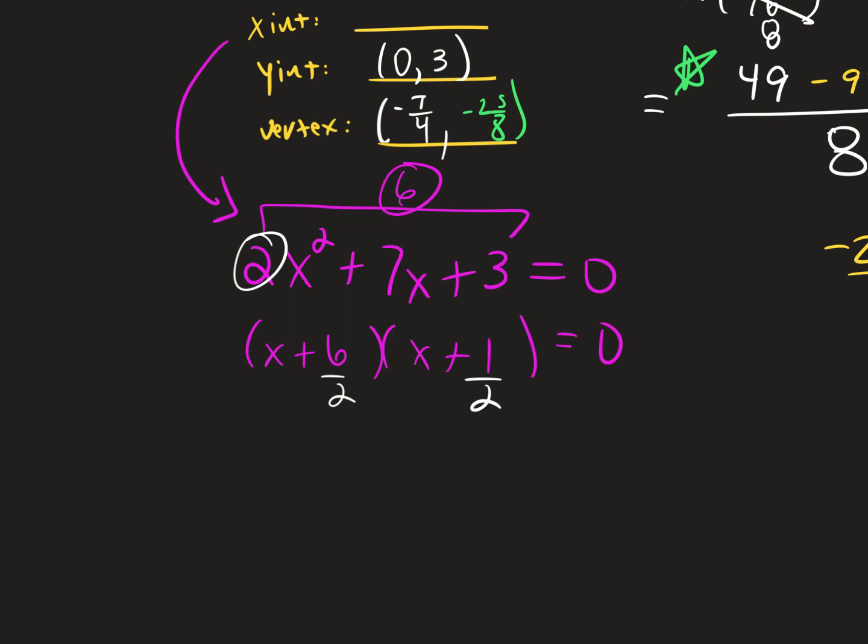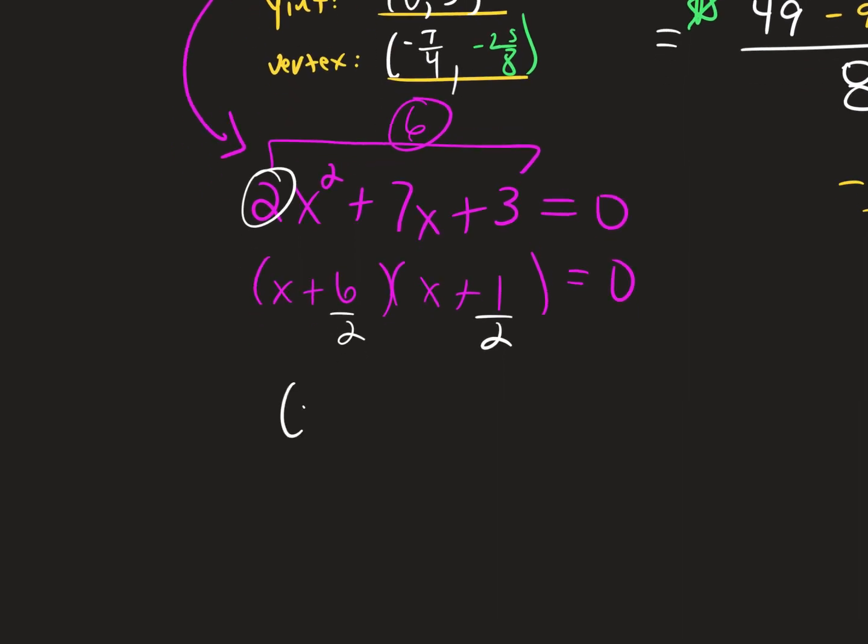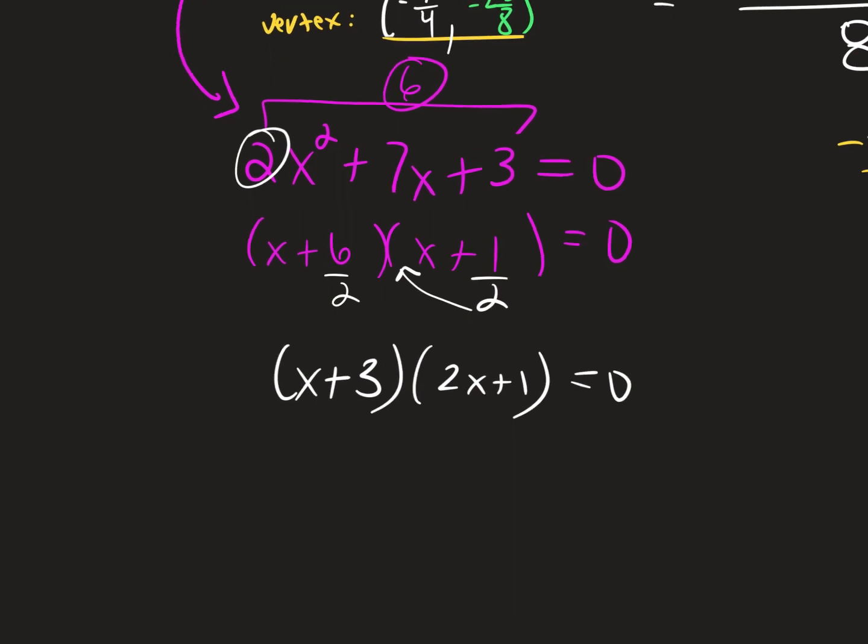I divide, right? I can divide both of them. So 6 divided by 2 is 3, and 1 divided by 2 isn't pretty, so this is going to come out here. 2x plus 1 equals 0. One more step. I said each one equal to 0. So x equals negative 3 and x equals negative 1/2.